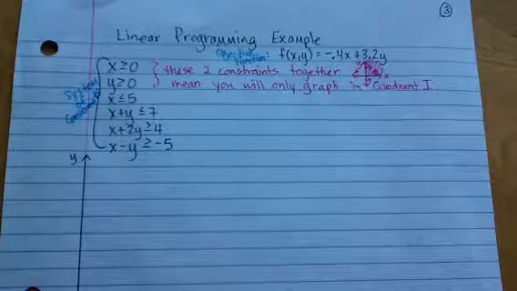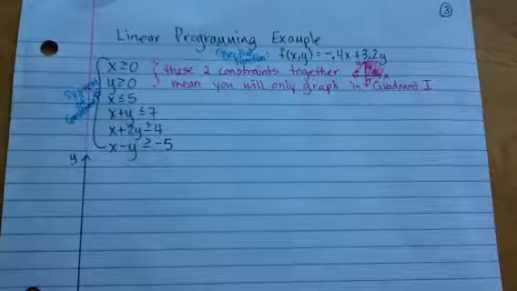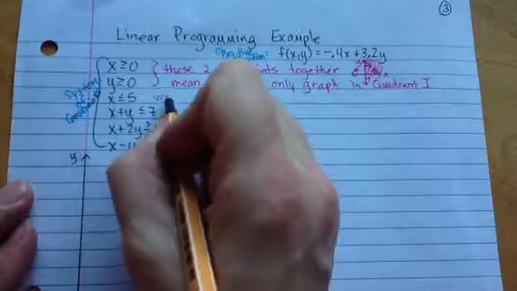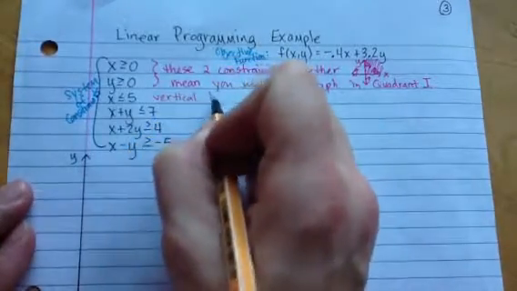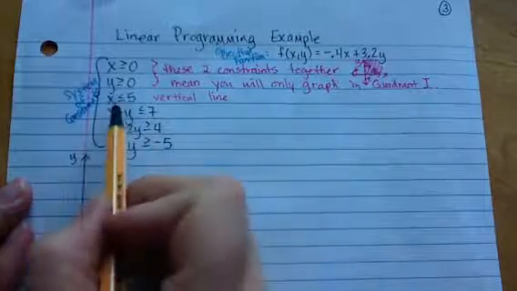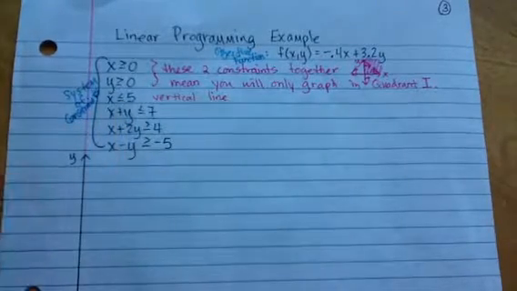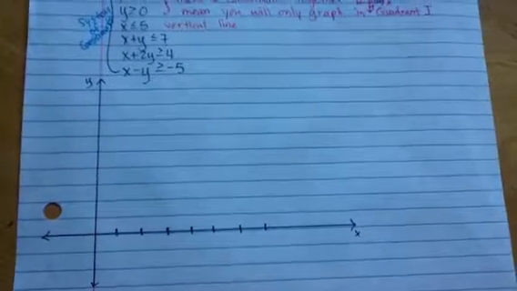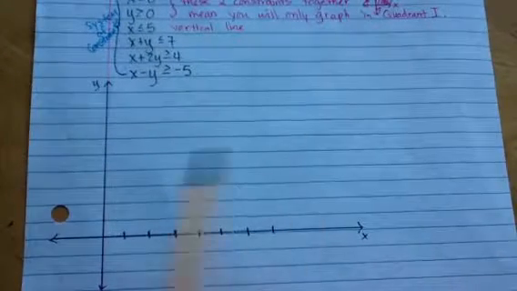I'm going to go on to x is less than or equal to 5. And x is less than or equal to 5 is going to be a vertical line. It's going to go through x equals 5, and we're going to be shading to the left, and it will also be a solid line. So here's my quadrant 1.